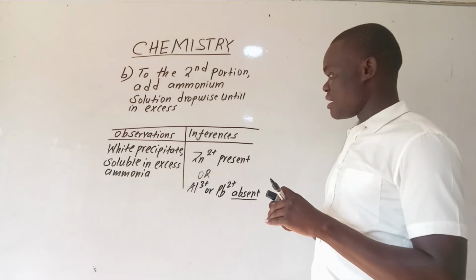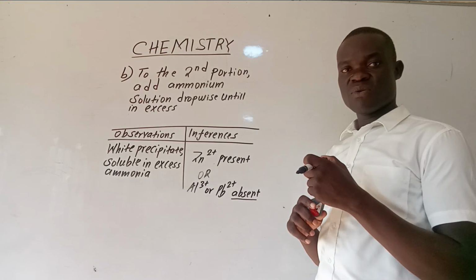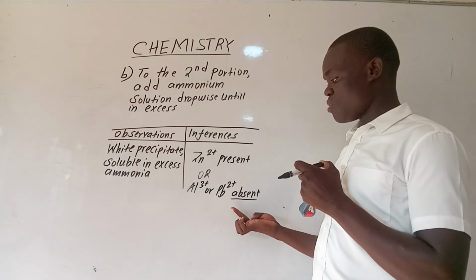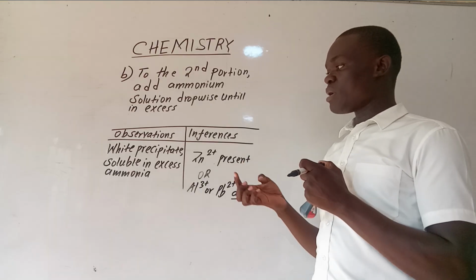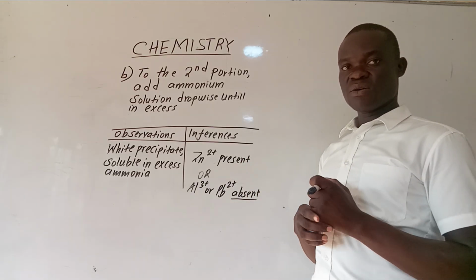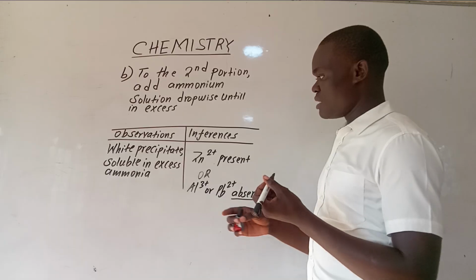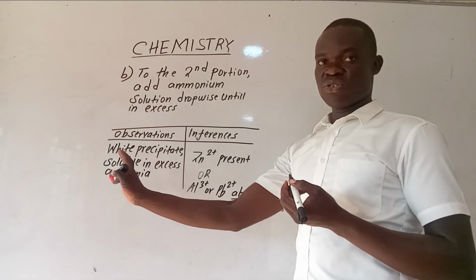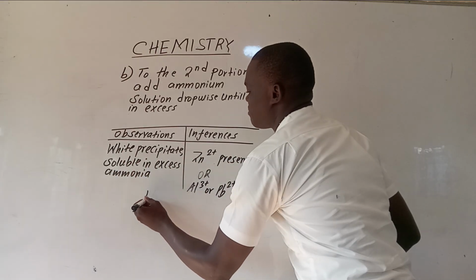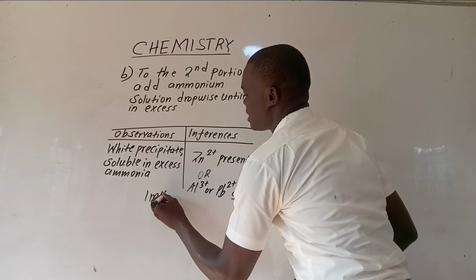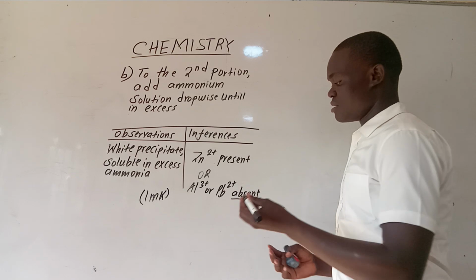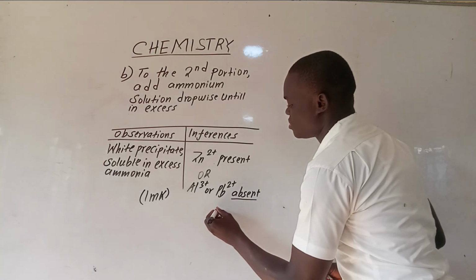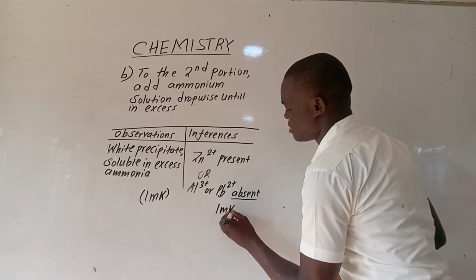Another instance where we can choose one answer instead of the other is to look at the marks given in that question. For example, at this side of the question we are only given 1 mark, and on this side of the question it is also another 1 mark.